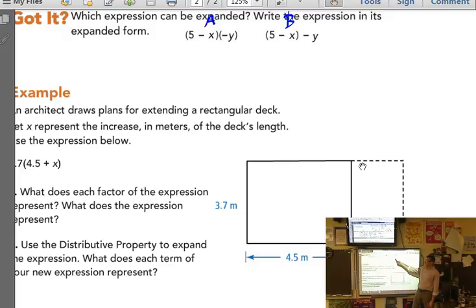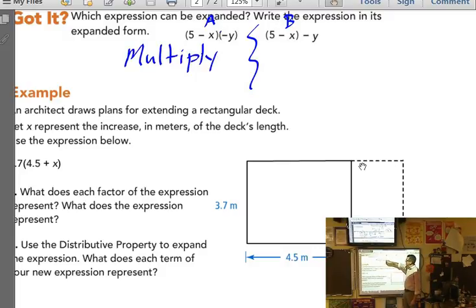Well, as I'm reading, could I say quantity 5 minus x negative y? And to do times negative y, we would need the added parentheses. So A can be expanded, B cannot. This, please make a little divide, this is going to multiply by negative y.